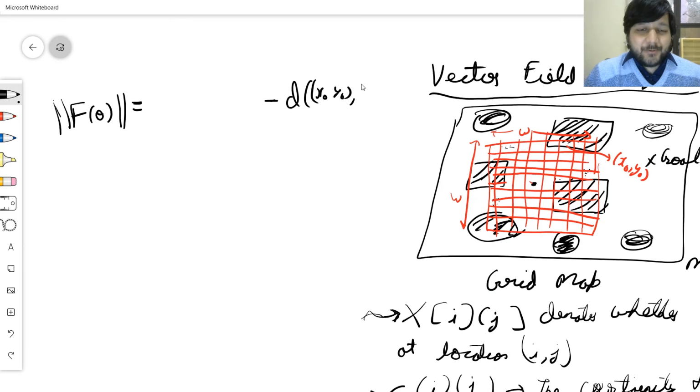So distance between x0, y0 and xr, yr, where this is xr, yr, the robot's position, and it's minus, so it's additive, it needs to be positive, so I say it's A and the proportionality constant B. So there are two ways you can inverse.